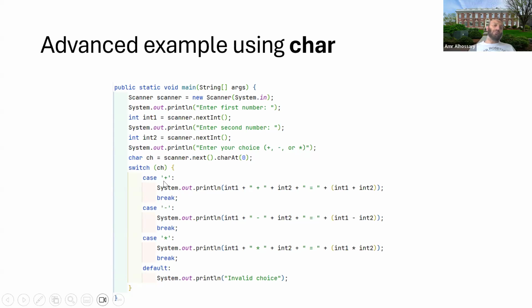So this is how you write a character containing plus. If you put plus between a pair of double quotes, it will be a string. So don't fall into this.